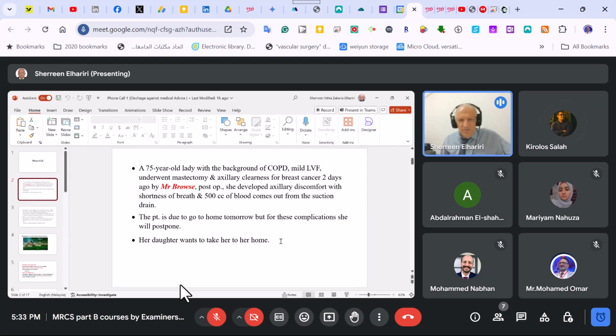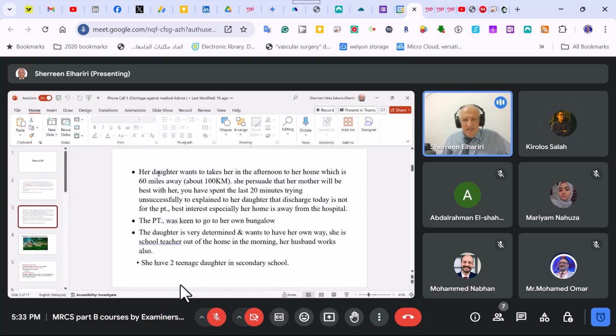This is very common, and usually in the scenario or the script, they mention that the patient or her daughter is away from the hospital about 60 miles, which is 100 kilometers, and she lives in the countryside. She is working, her husband is working, and even the children go to school.